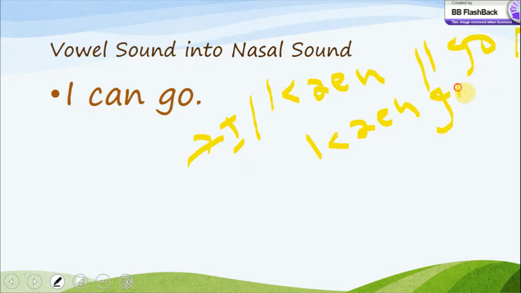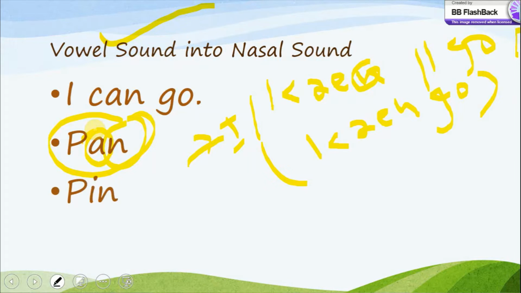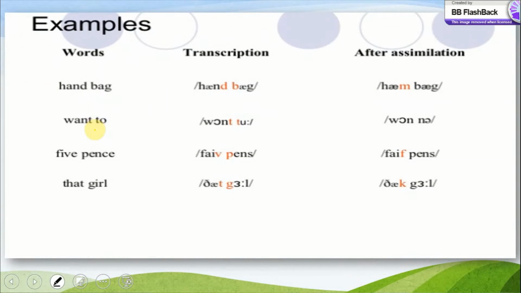Understand? This n sound will totally be nasalized. Next we have examples of vowel sounds into nasal sounds. Pan: this is the nasal sound and this is the vowel sound, but we produce them together within no time. Pin.